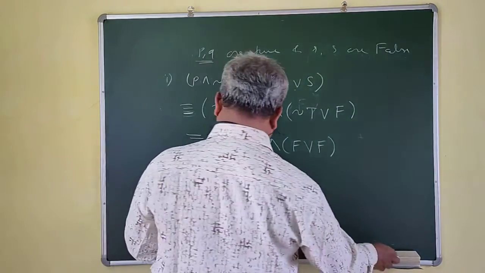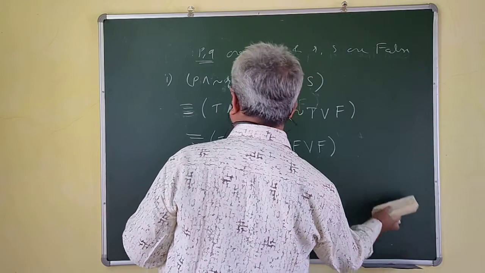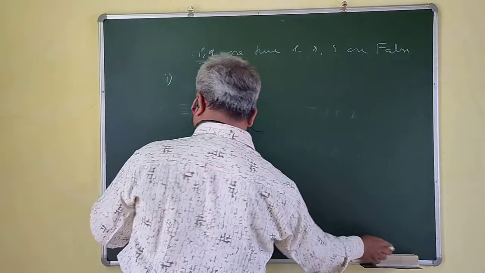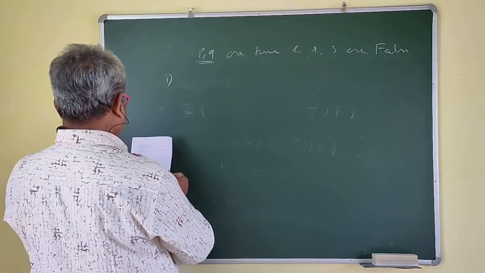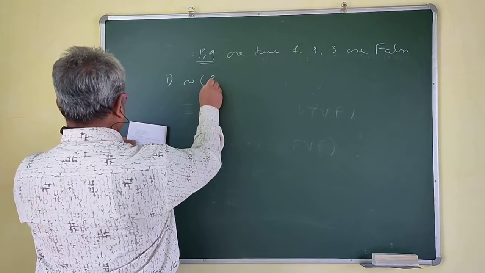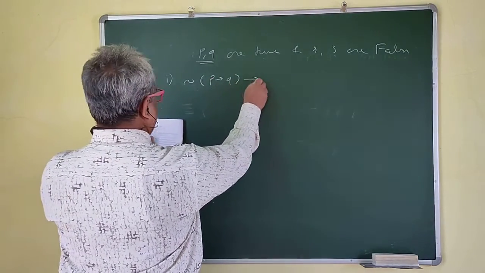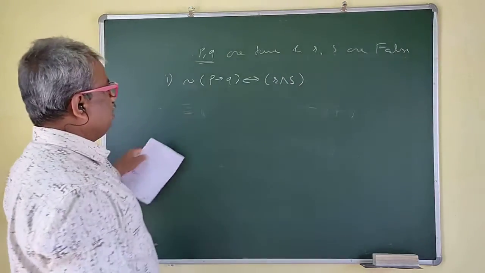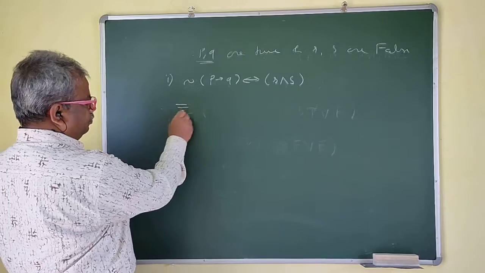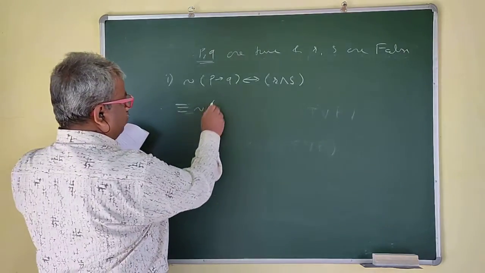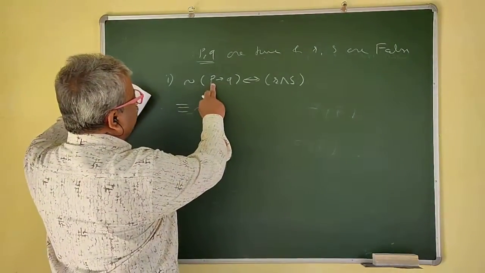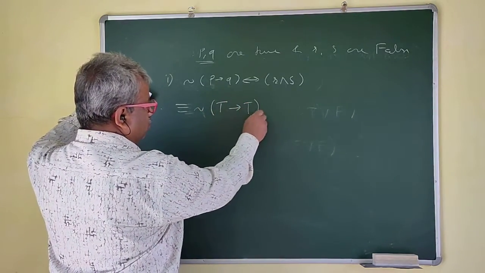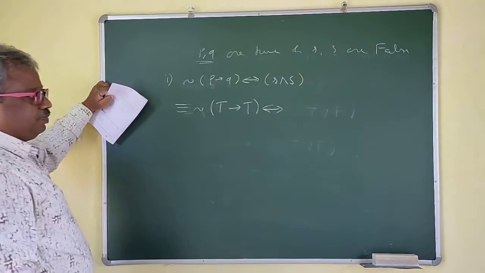Now next. We have a number of problems so that the idea will be clear. Then negation of P implies Q if and only if R and S. We just write first the truth values in terms of T and F. The truth value of P is T. The truth value of Q is also T. If and only if.